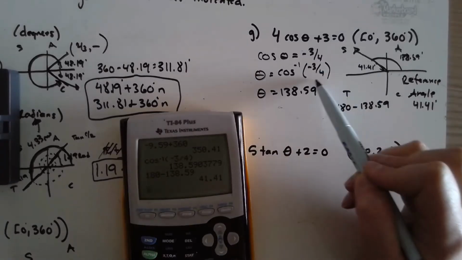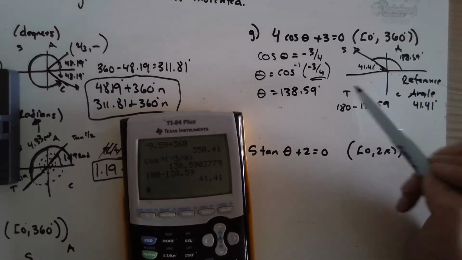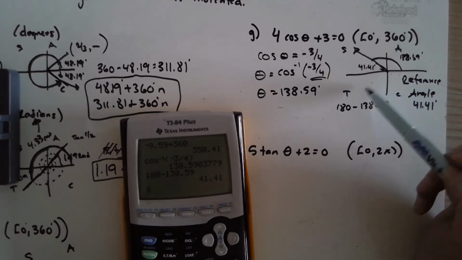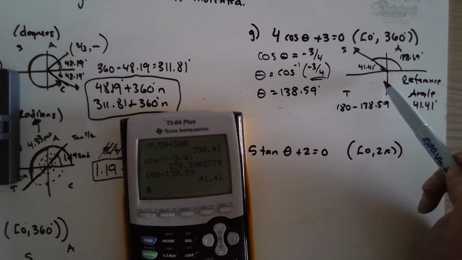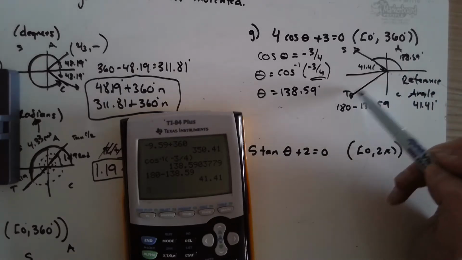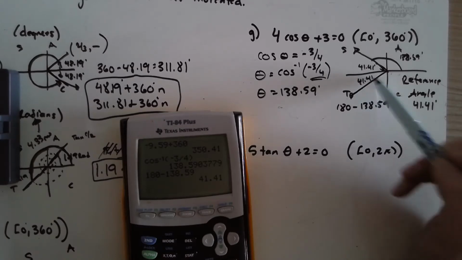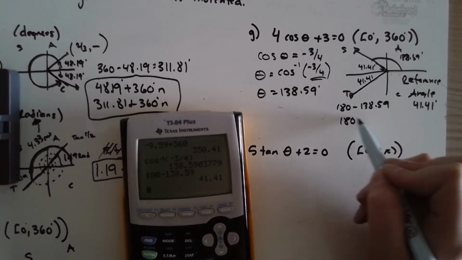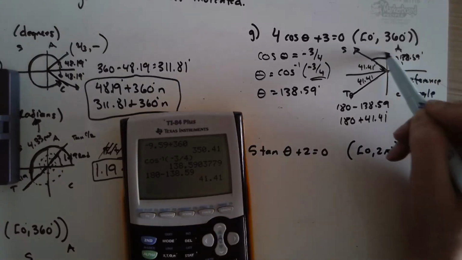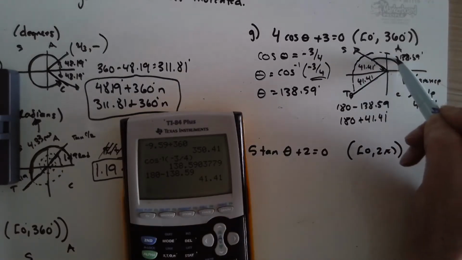So this was a negative 3/4, so all students take calculus. So the other position that this is negative in is going to be in quadrant 3. Okay, so in quadrant 3, if I look at this, my reference angle is 41.41. So I could do 180 plus 41.41, and that will give me this angle right here.